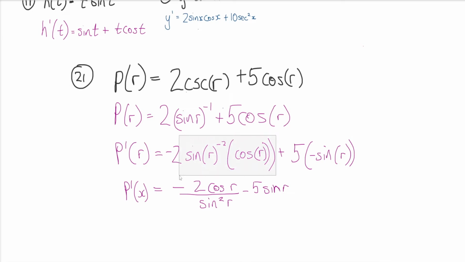What was the derivative of the cosecant? The derivative with respect to x of cosecant of x is negative cos of x over sine squared x.